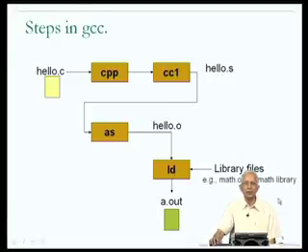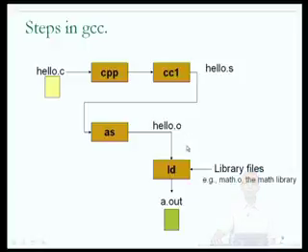Now let me say a little bit about the library files. Many of you may be aware that some of the programs that you write, for example a program doing some scientific calculation, may use certain library functions which are available in a library file. For example, if you are using the sine or cosine or logarithm functions, you are not writing those functions yourself.